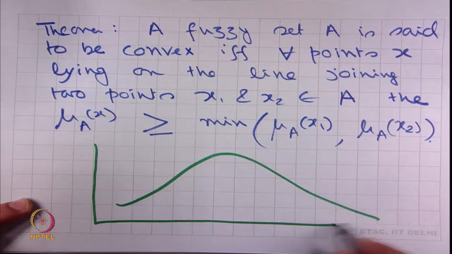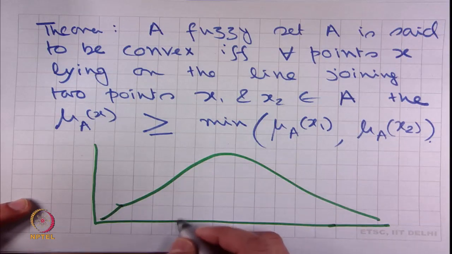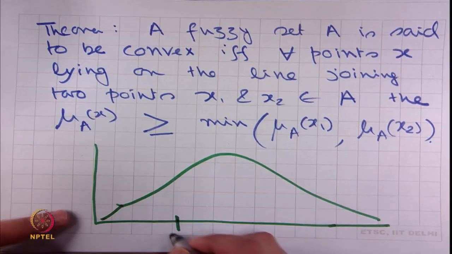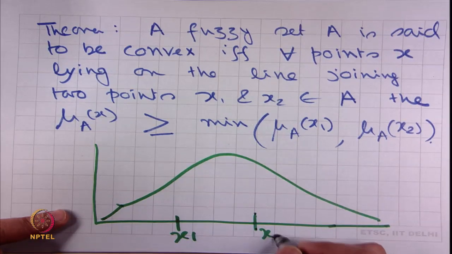Suppose this is a convex fuzzy set. Now, consider the points x 1 and x 2.